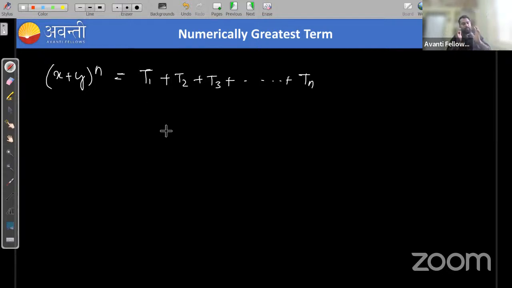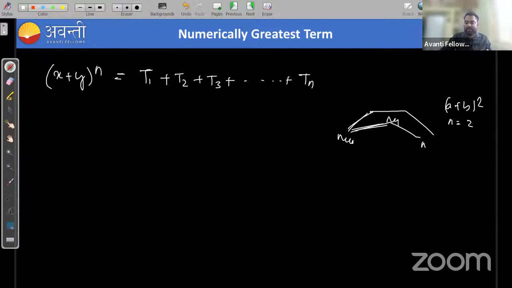Previously we made one figure when n is equal to 2, we make it like this. So when n is equal to 2, that is (a plus b) to the power 2, this is nC0, this is nC1, this is nC2.